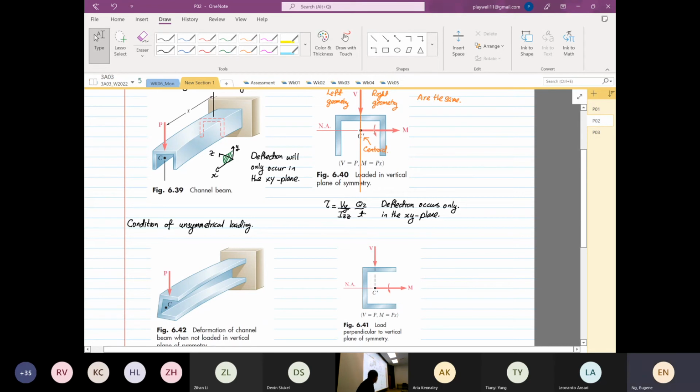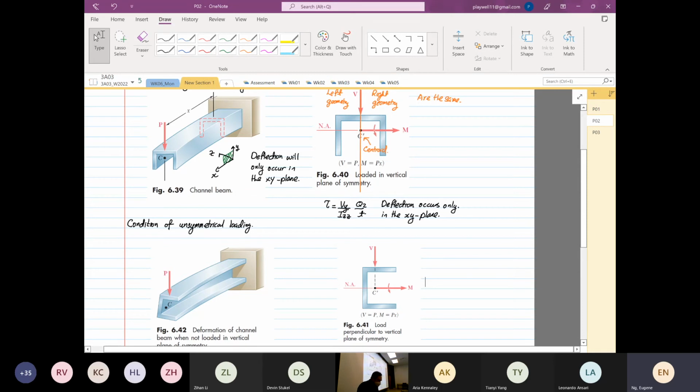What you will see is both, right? The common thing is both have deflection. But in the unsymmetrical case, the deflection is not just on the what? XY plane. Okay, the deflection is not just on the XY plane.